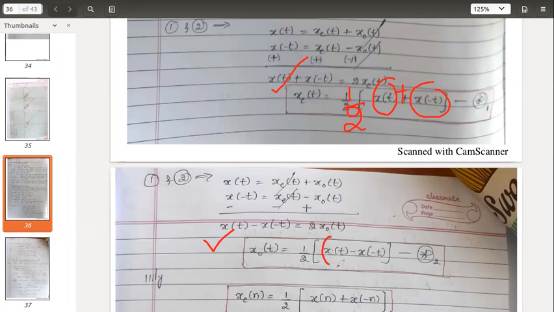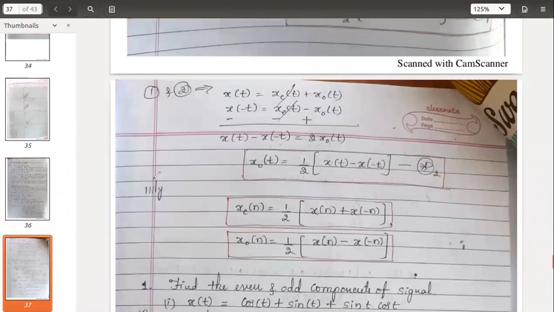Odd part: take the original signal, take the reflection, subtract them, halve the amplitude. These two equations are used to find the even and odd component of any signal x of t. I hope you understood this mathematical formula. We will be using this formula in our problems.